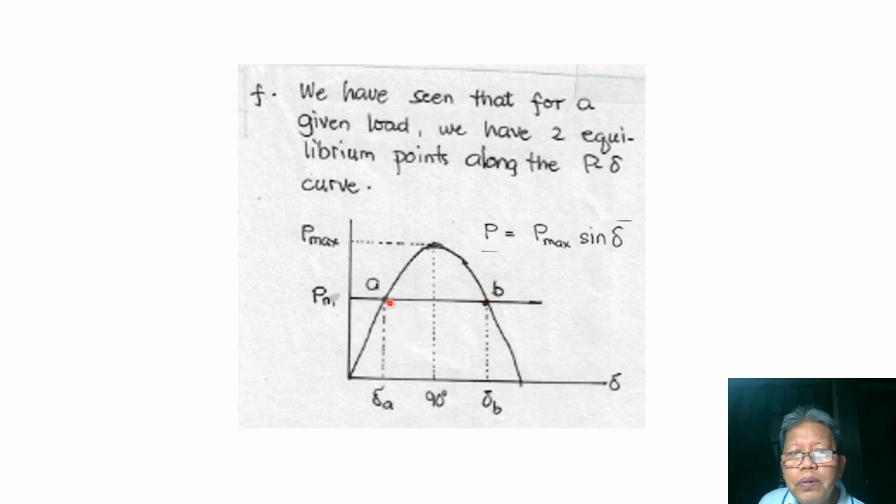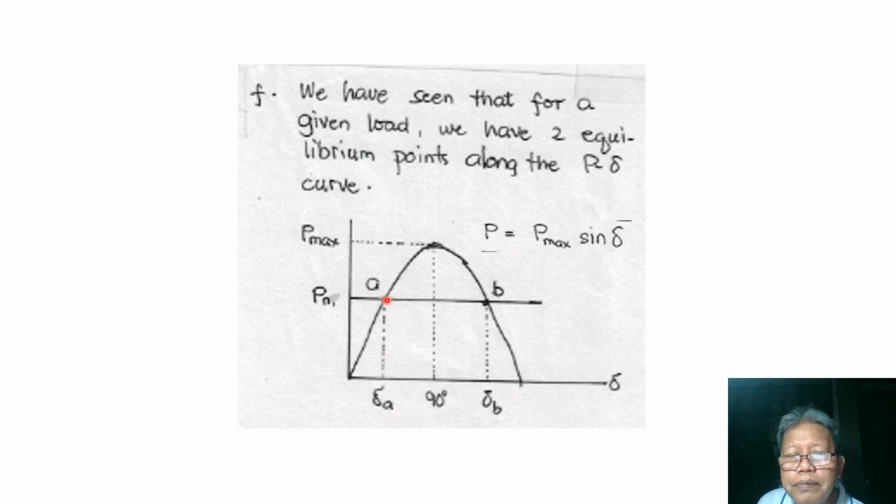So, for example, for a given load, the initial or operating point of our generator is point A, which corresponds to a mechanical power PM1, or just PM, and at operating point A we have a corresponding angle delta A. So this is our equilibrium point, meaning our generator will be operating normally at this point where our mechanical power is equal to our electrical power, and our generator has this rotor angle delta A.